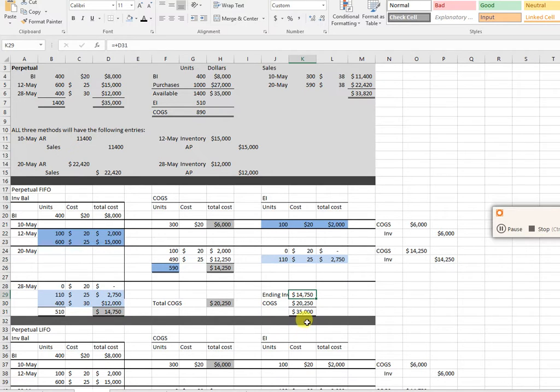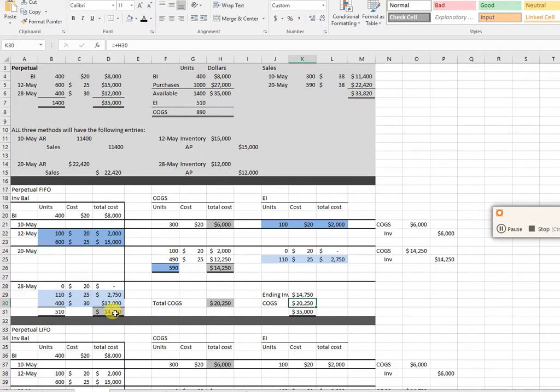Right there. My cost of goods sold is simply my 6,000 plus 14,250, for a total of 20,250. Remember, cost of goods sold is on the income statement. The income statement is a summary for the period, for the year ended, so I take all of the cost of goods sold for the year, 6,000 plus 14,250.